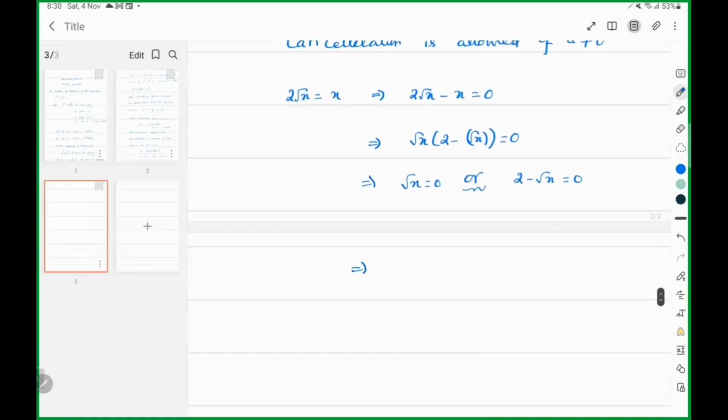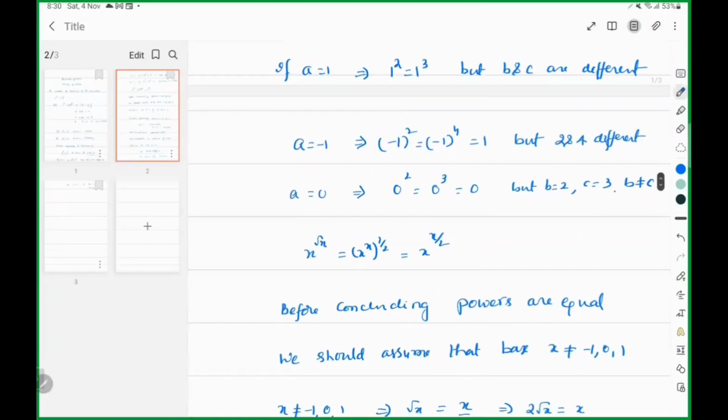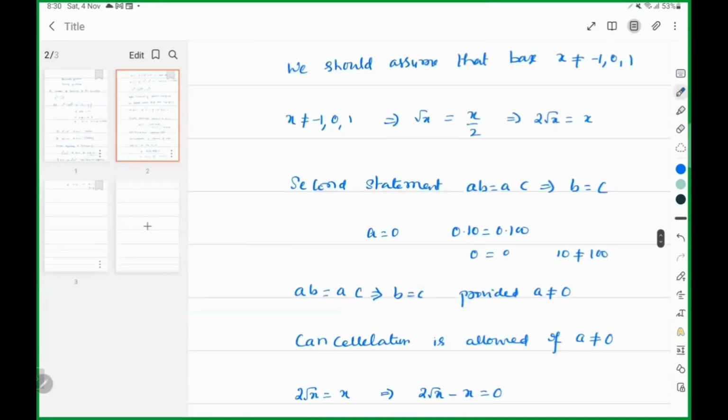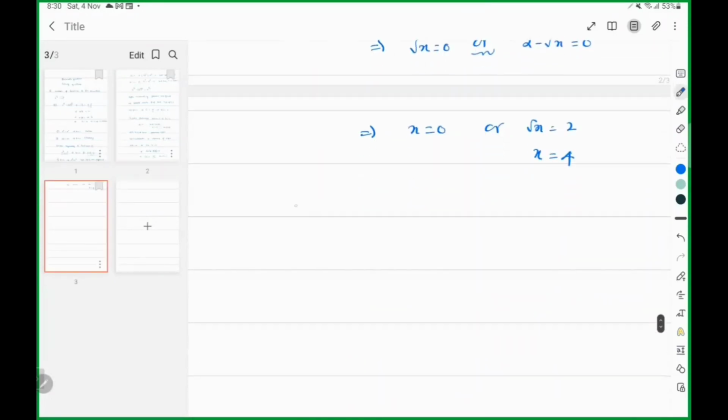From here, x is 0 or root x is 2, so x is 4. In the beginning itself, we assumed that while equating powers, x is different from 0, 1, -1. So the conclusion is x equal to 4 is the one solution.